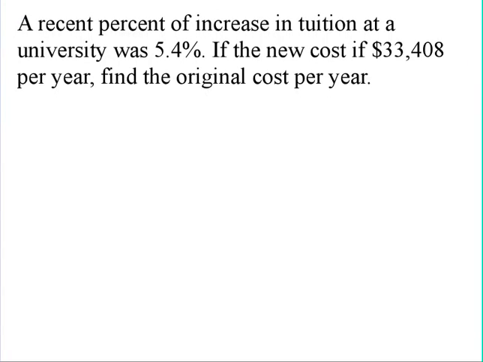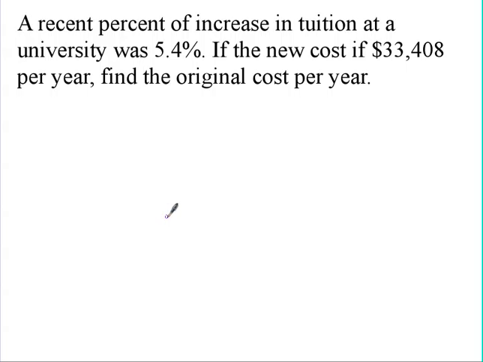Okay. Alrighty, now let's go ahead and look at this. We're actually going to have some word problems. It says, a recent percent of increase in tuition at a university was 5.4%. If the new cost is $33,408 per year, find the original cost per year. Okay.